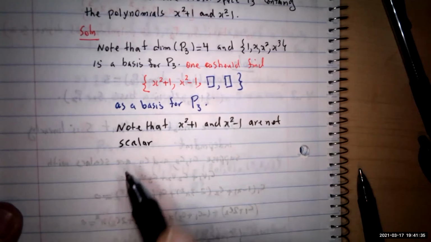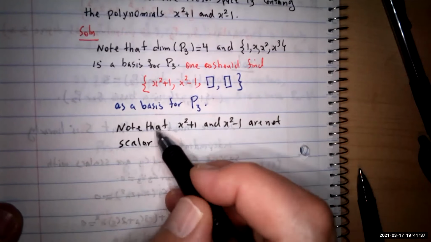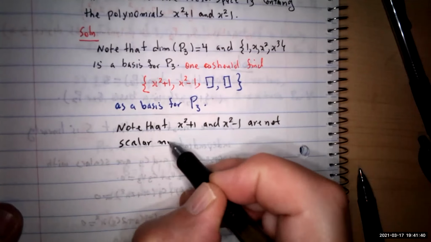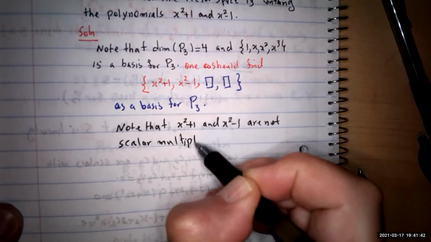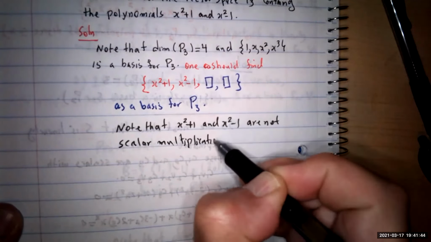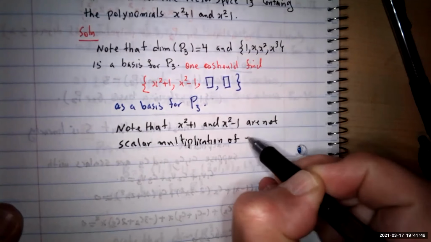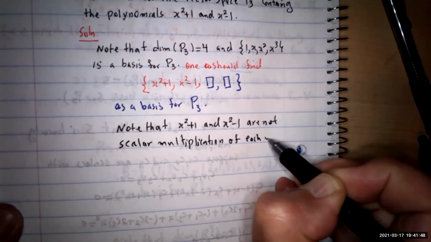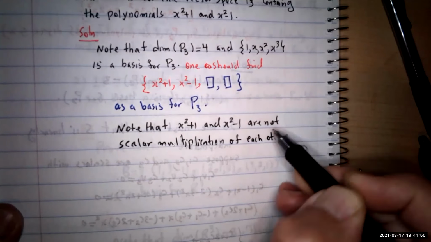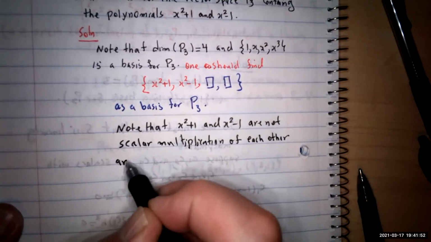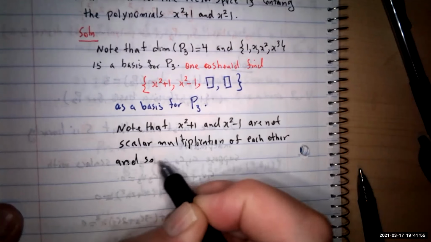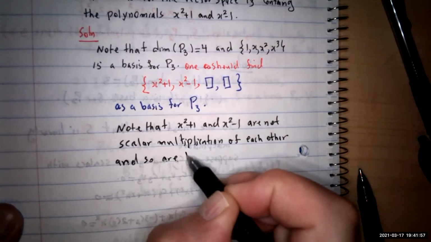So they are not scalar multiples of each other, and so are linearly independent.